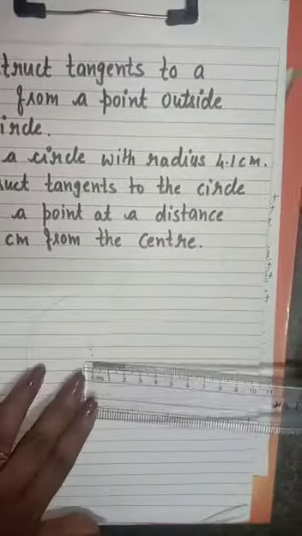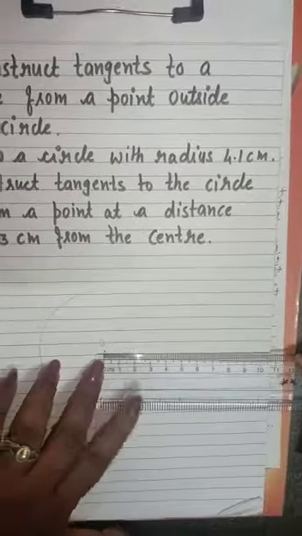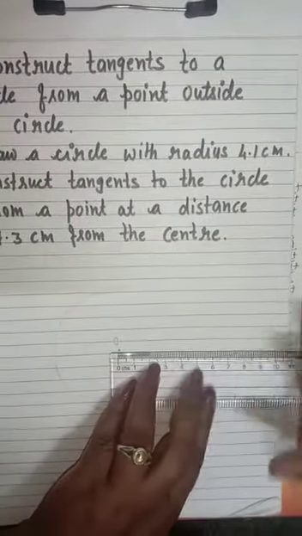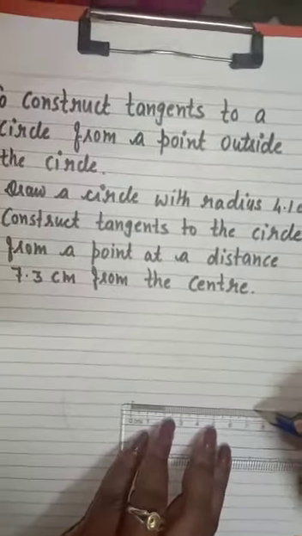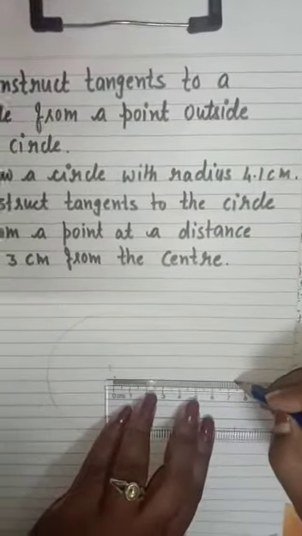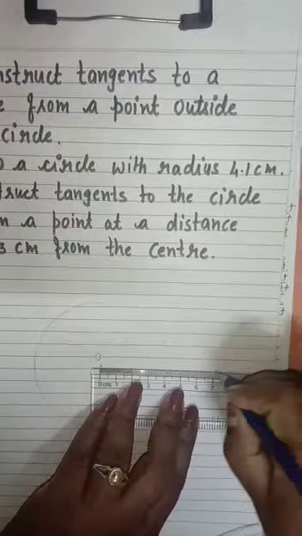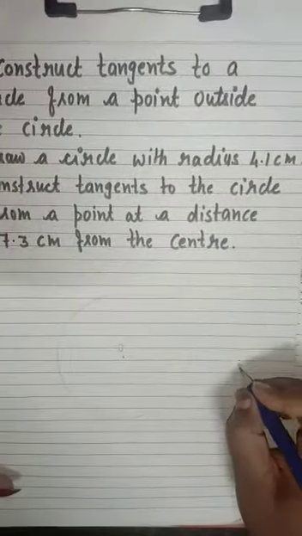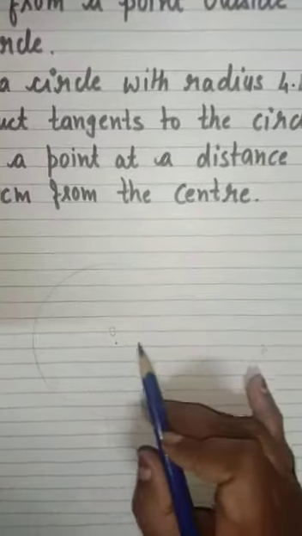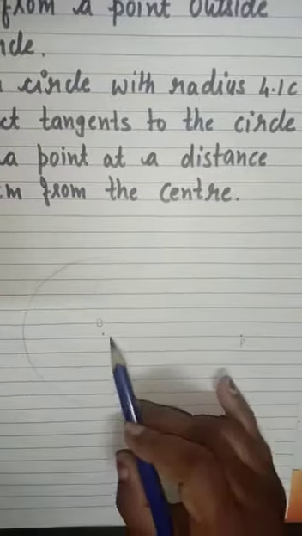From the ruler we'll take the distance equal to 7.3 from the center, because it is given in the question. This point I will name P. This distance is 7.3.